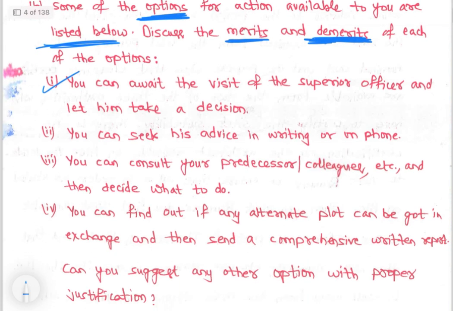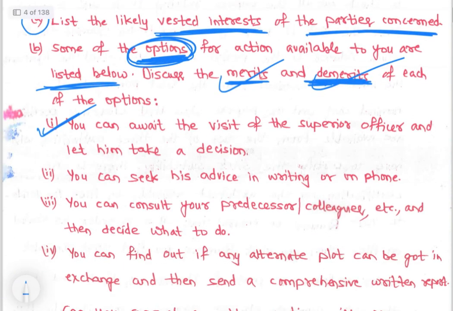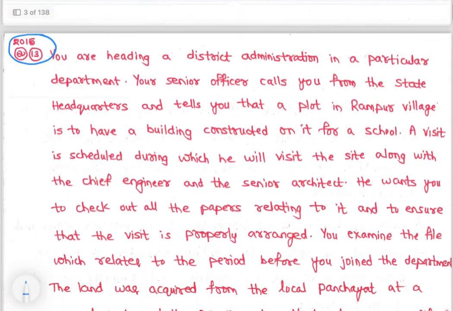Then, can you suggest any other option with proper justification? So from this we know कि भाई कुछ options दिया हुआ है, ठीक है, we need to discuss merits and demerits of each of the options, and likely vested interest of parties concerned, right? So एक बार briefly questions देख लिया, ठीक है, then let's read the case study.